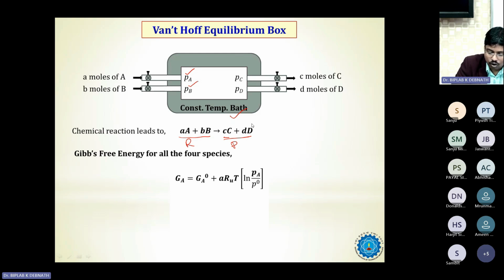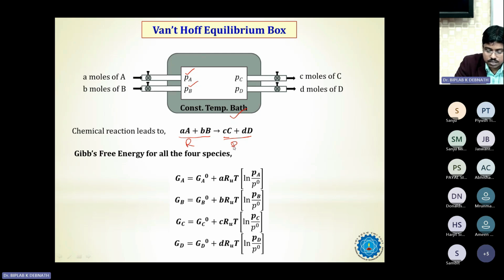So for all the species, how can we write the Gibbs free energy? Ga is equal to Ga naught plus a RT ln Pa by P naught. This is for species A. For species B, Gb is equal to Gb naught plus b RT ln Pb by P naught. For species C, Gc is equal to Gc naught plus c RT ln Pc by P naught.